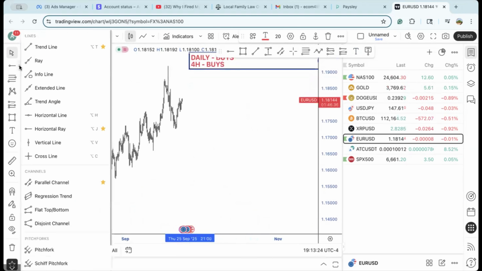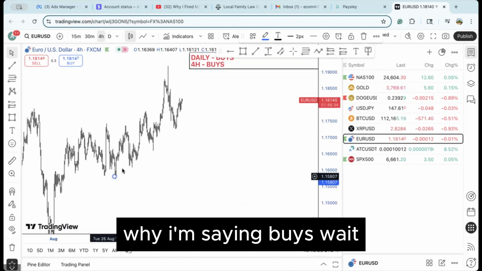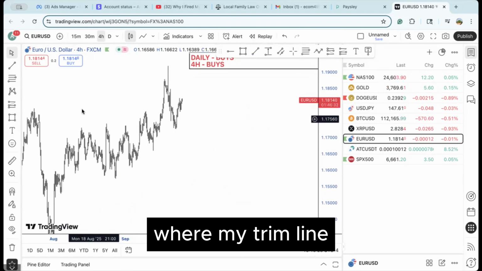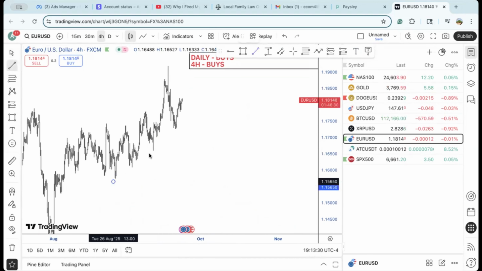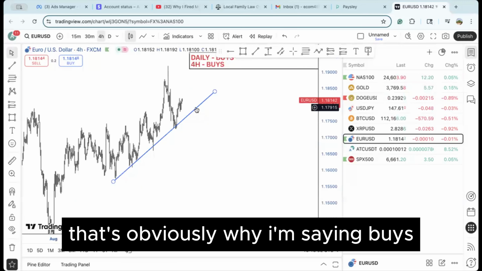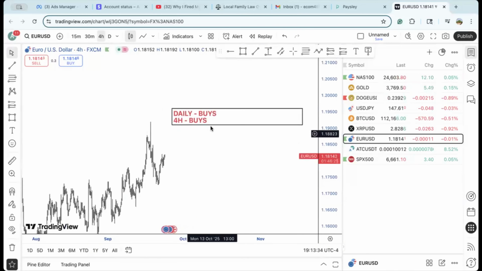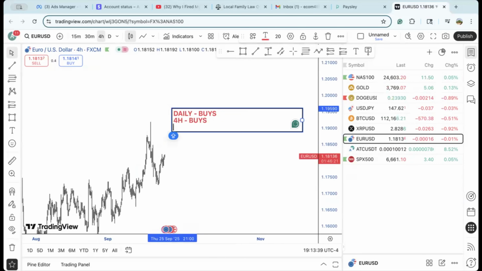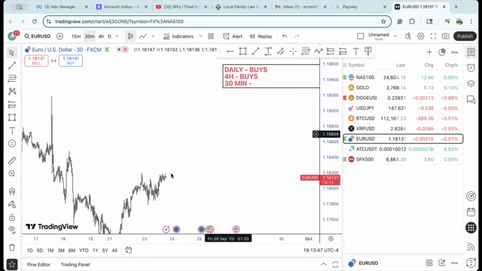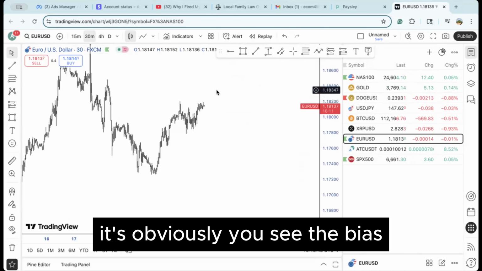Obviously, you see why I'm saying buys. Trend line. That's obviously why I'm saying buys. And the 30-minute, obviously you see the bias.